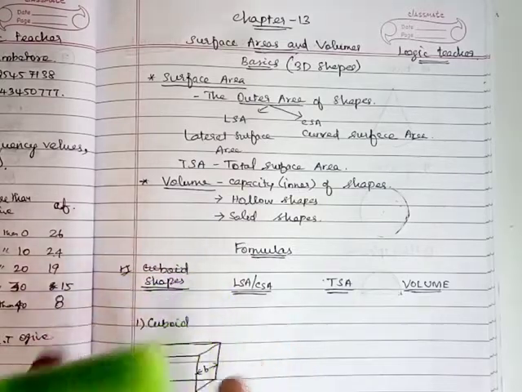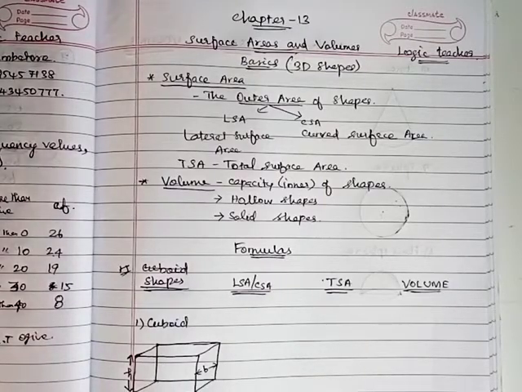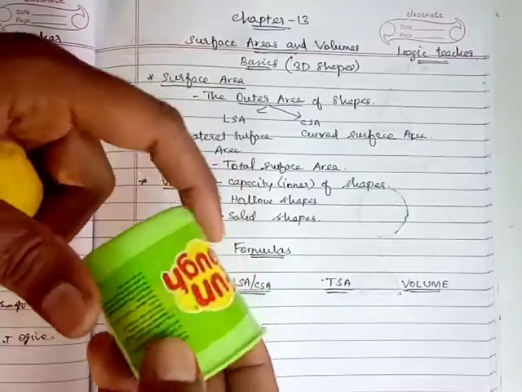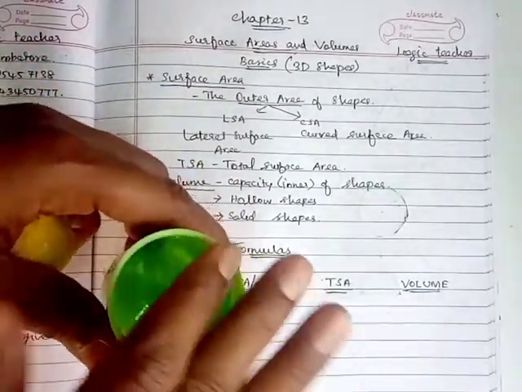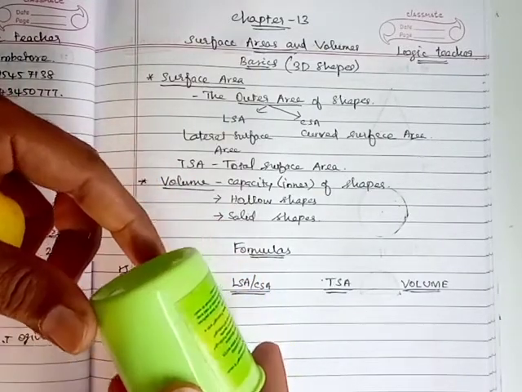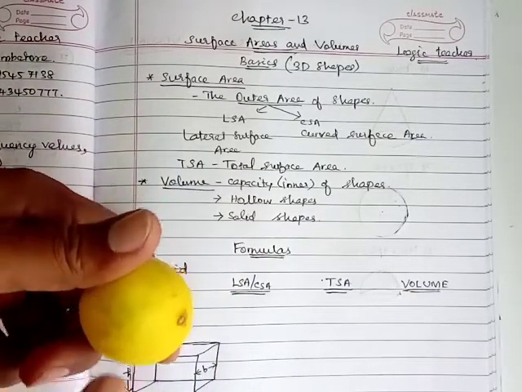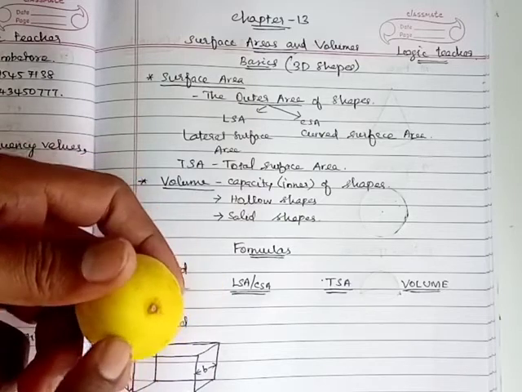Now what is volume? Volume is nothing but not about the surface areas, right? The inside capacity, the full capacity of this particular shape, that is called volume of cylinder, volume of the sphere. The inside capacity of this shape is called volume.